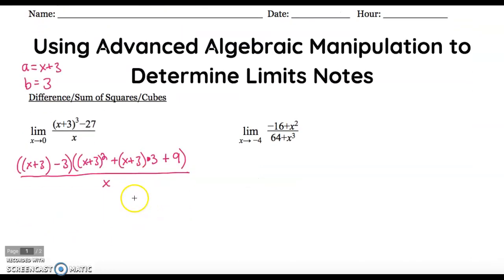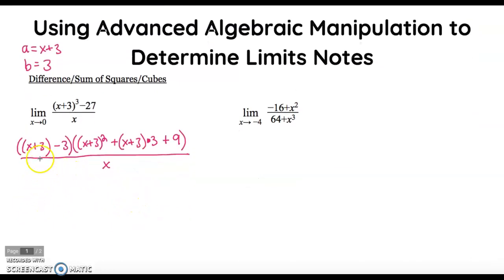Okay, all right, so now let's work with this. In our first term, we got x plus 3 minus 3, and I technically don't need these parentheses right here, so I end up with just an x in front. And then in here, I'm not going to bother doing too much simplification yet, and you'll see why in a second. I'm not going to FOIL out the x plus 3 squared, plus I can go ahead and distribute that 3, though that's easy enough: 3x plus 9 plus 9, all over x.